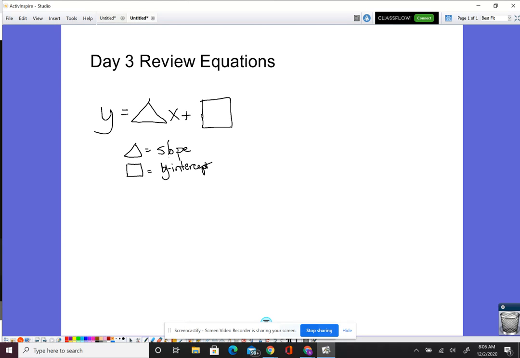Okay, so one of the forms, the slope-intercept, we always have an x and a y in our equation. That's always given. So that's always going to be there, that y and this x. The things that are going to get replaced are the slope and the y-intercept.